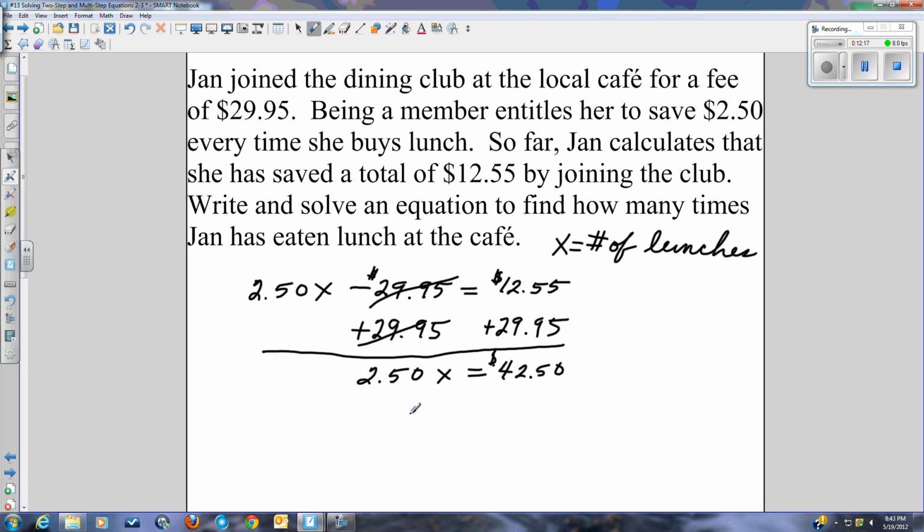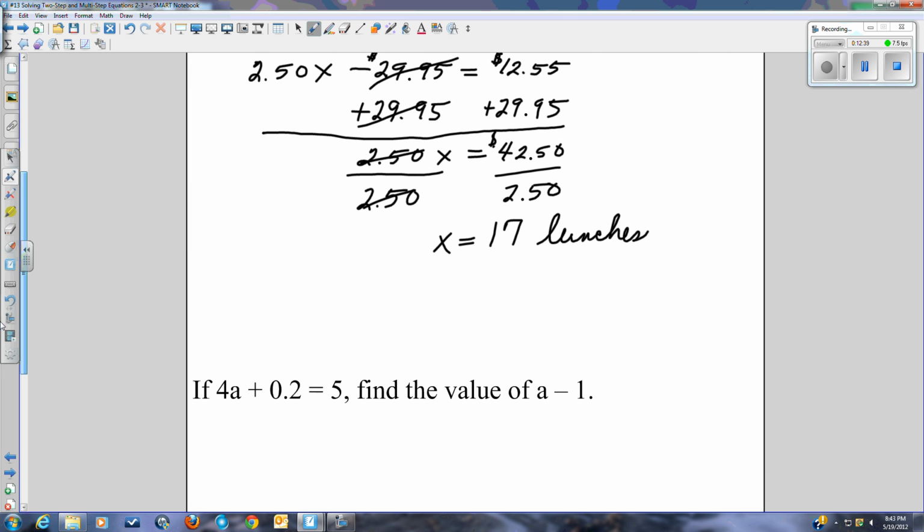We want to get x alone, so we're going to divide everything by $2.50. 2.50's cancel, so I have x is equal to 17 lunches. She's eaten lunch 17 times to be able to get a total of $12.55 back.